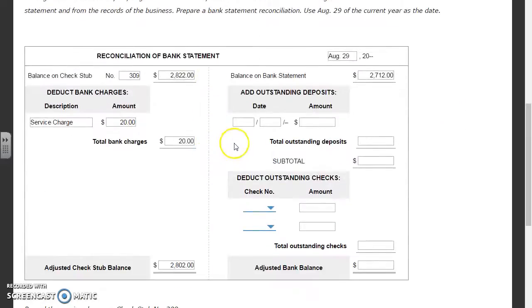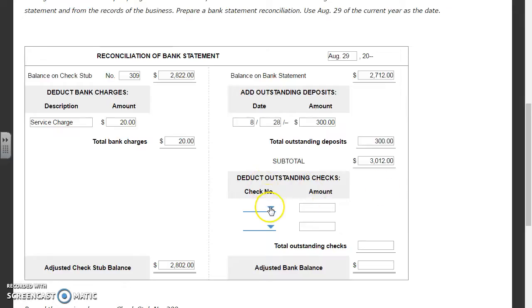So we're going to go back down here, and we're going to do 8/28, $300. We didn't have any other outstanding deposits, so we total that up, $300. Now, obviously, a deposit will add to what we have in our account. So we're going to take $2712, add $300, new total $3012.